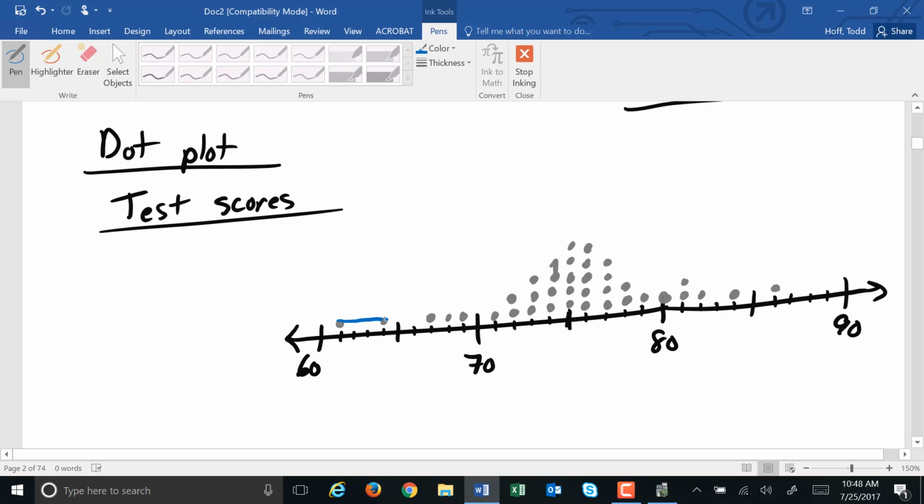If I trace the top of the dots, and there might be some over the top that don't quite fit in, whatever, I get the shape of the data distribution.